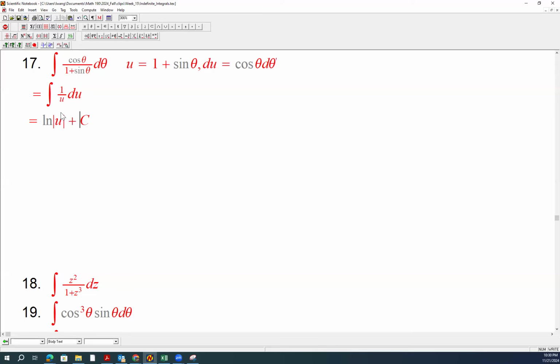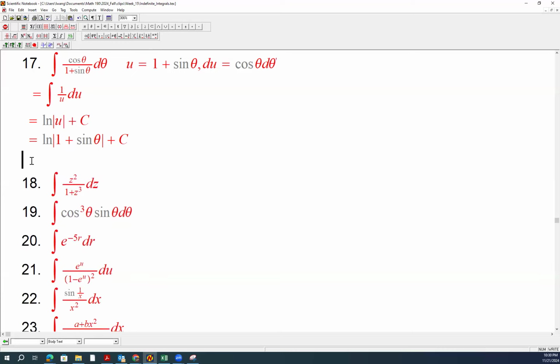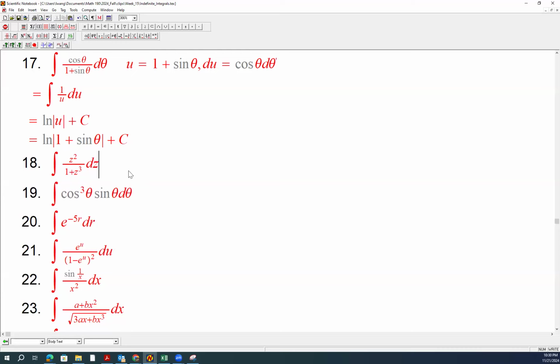So that's why we want to use absolute value. Last but not least, u is equal to 1 plus sine theta. Okay, so this will be very good practice for you algebraically.